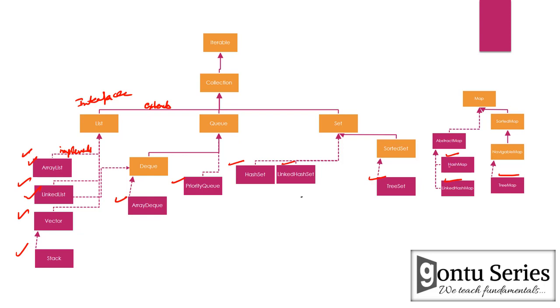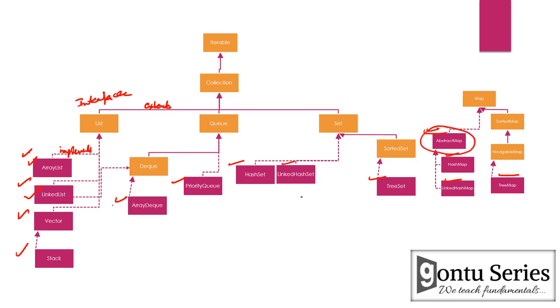Same way, HashMap is implementing AbstractMap. AbstractMap is implementing Map, which is basically an interface. So AbstractMap is also a class, an abstract class, and Map is the interface.